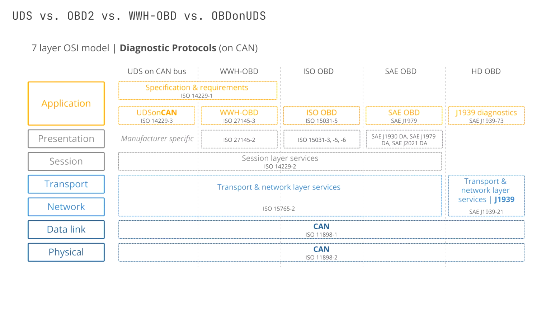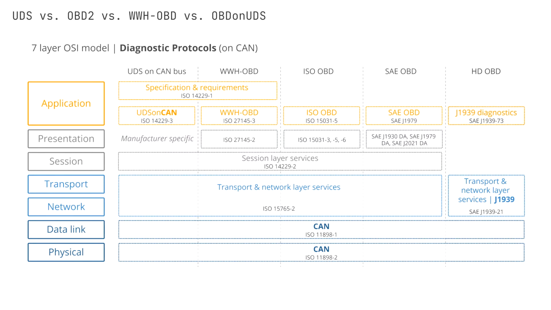ISO-OBD, or EOBD, refers to the OBD protocol specification legislated for use in EU cars, while SAE-OBD refers to the OBD protocol specification legislated for use in the US. The two are technically equivalent, and hence often referred to simply as OBD or OBD2.